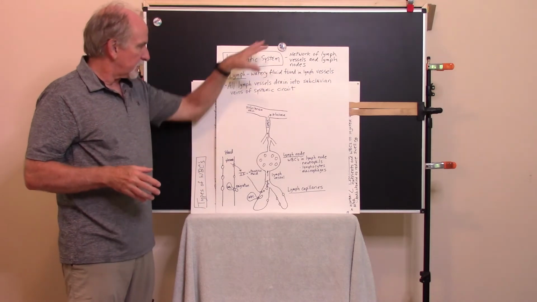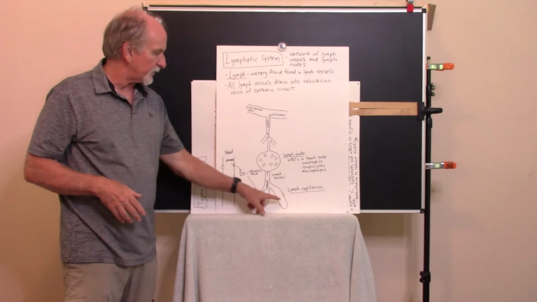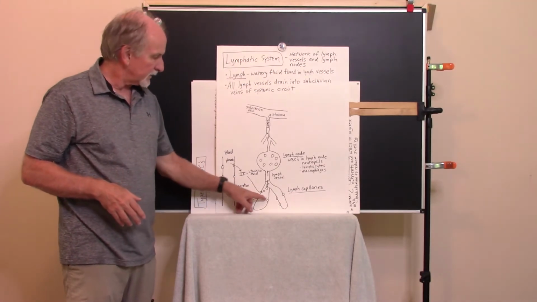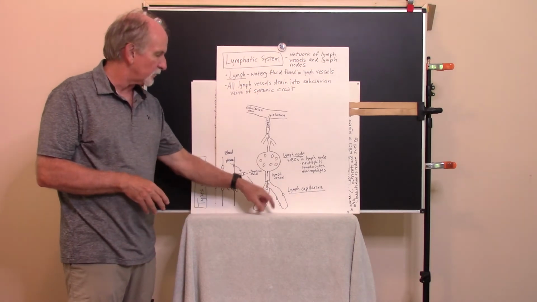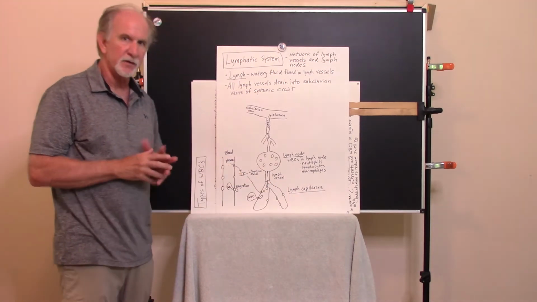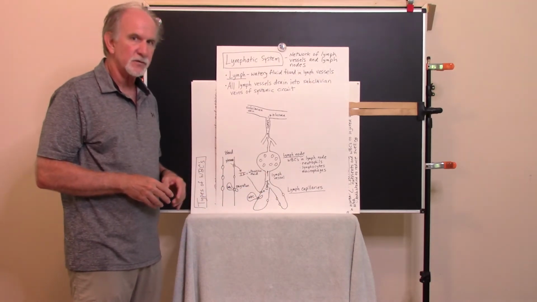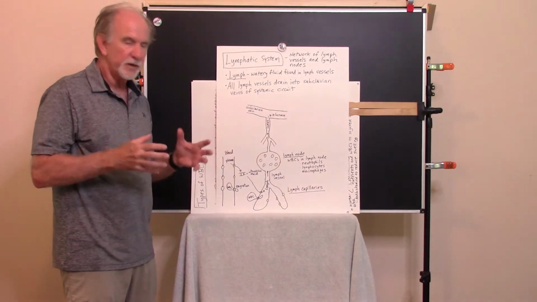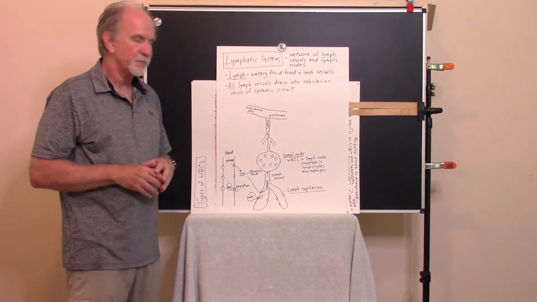So, the lymph system is generally said to begin with what are called lymph capillaries. And the lymph capillaries are very permeable. In other words, there's openings in the walls of the lymph capillaries. The lymph capillaries merge to form lymph vessels. There are swollen regions along the lengths of lymph vessels called lymph nodes.